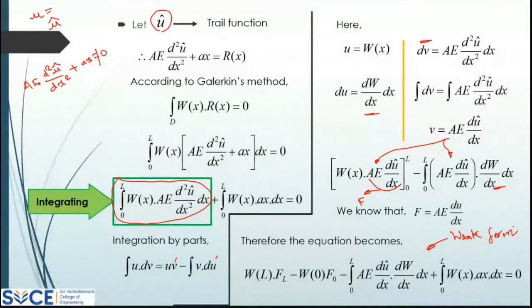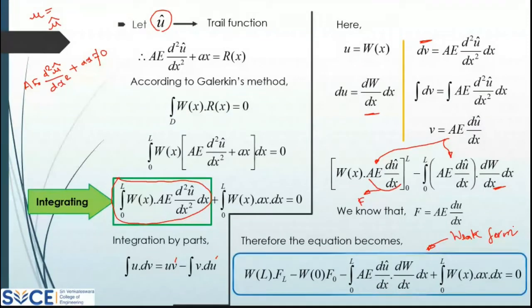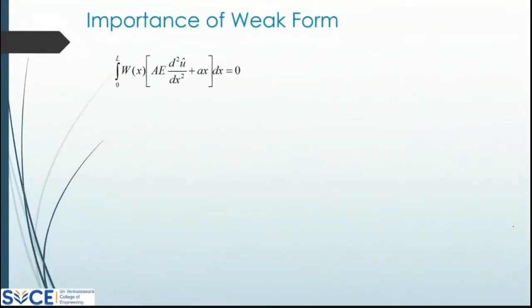Okay. So what is the purpose of Galerkin method? So Galerkin method will make your differential equation weak. Okay. What does it mean? If you have d square u by dx square, right? You know that you need u is equal to a naught plus a1x plus a2x square.